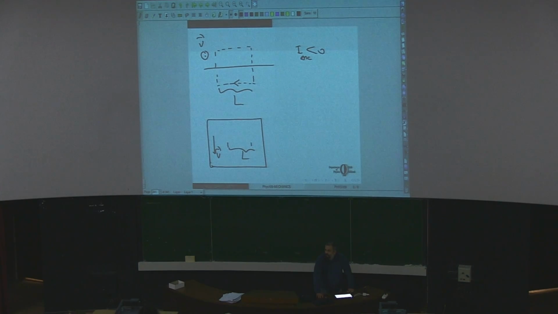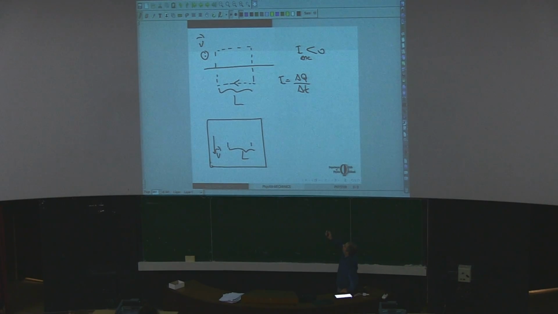We will relate it to sigma in this example, but the general definition of the current is Q over T. So delta Q over delta T. Delta Q is the total charge that passes through a given area in a time delta T.